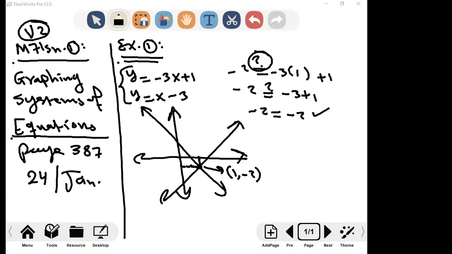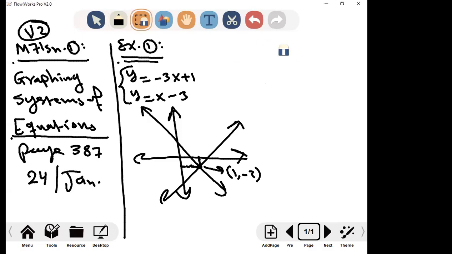Now, let's see what the book wrote in front of you. Since the graph has two lines that intersect at one point, there is exactly one solution. There is exactly one solution, okay? So here we have one solution only. When they say exactly, it means only one solution. What is the solution?